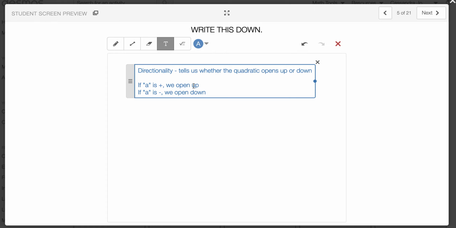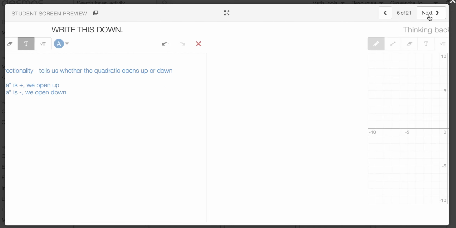So you just have to look at your A value. Make sure you pay attention to whether or not the quadratic is out of order. A is always in front of the squared term. Make sure you get this written down. You can pause it if you need more time. But now let's practice it.